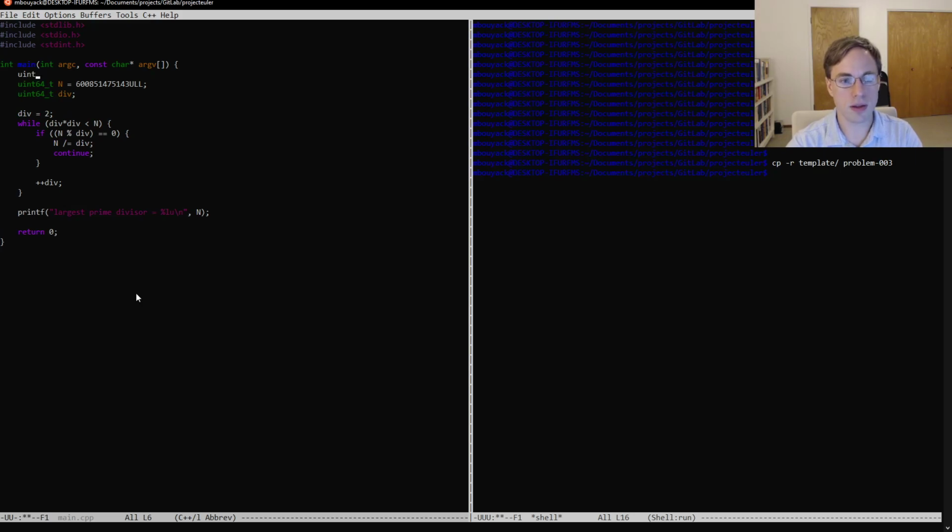So let's see, we'll do 64t n is equal to our smaller number here, and we'll just comment out our real number there. So now let's go back over here, go into our problem directory, build that, and we'll give that a shot. Okay, so it says largest prime divisor is 29.